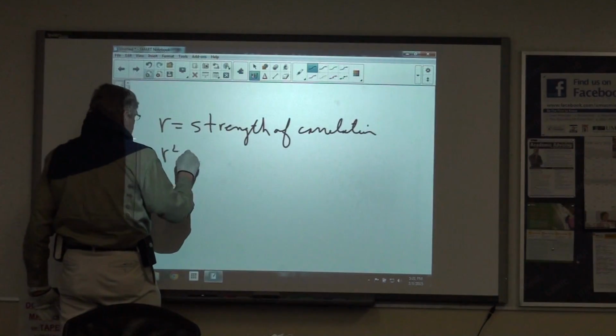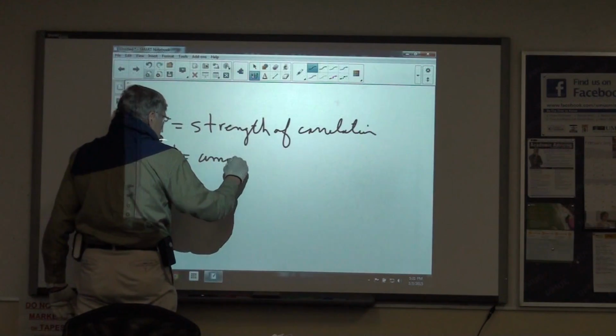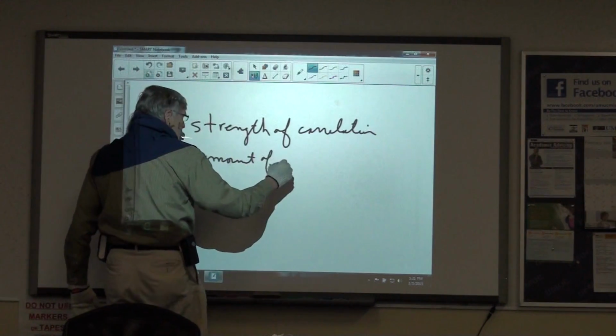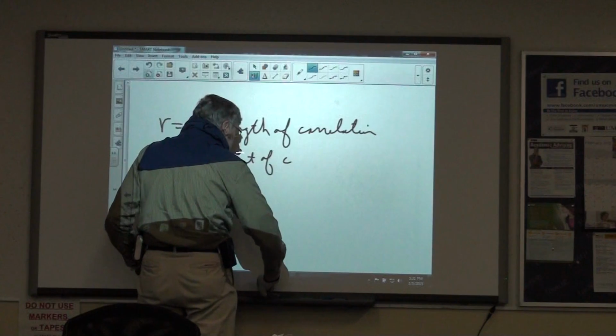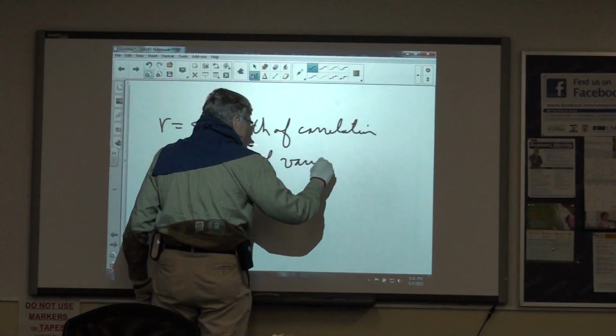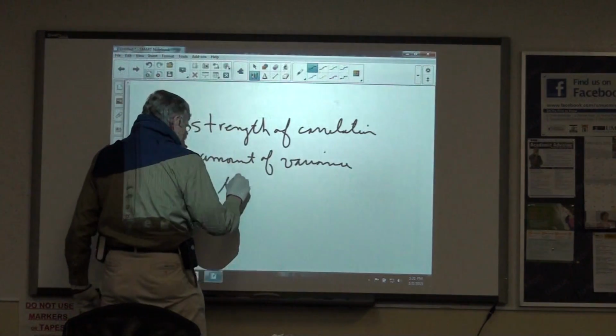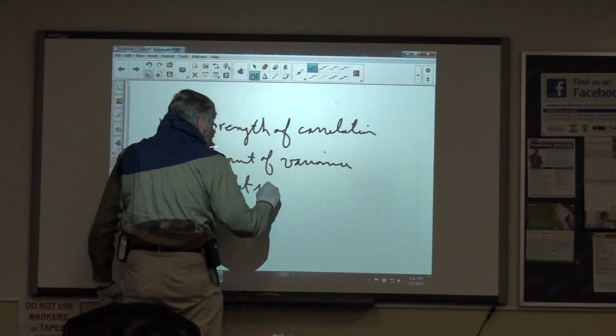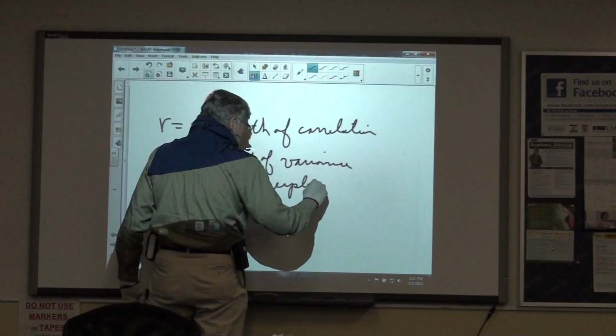And r squared equals the amount of variance, of deviation, that is explained by correlation.